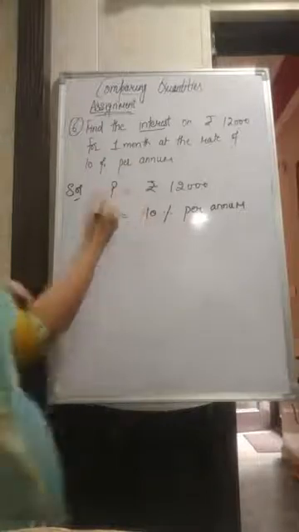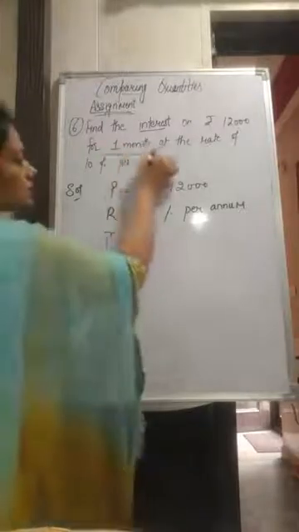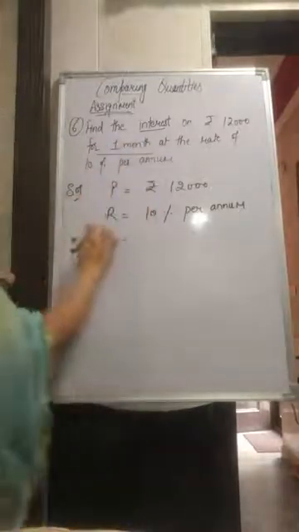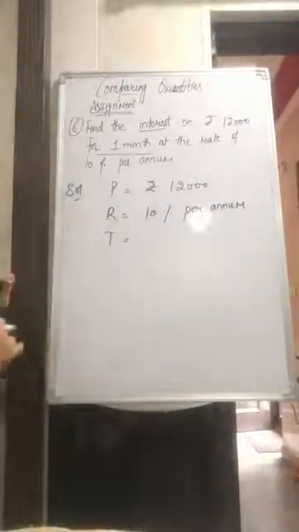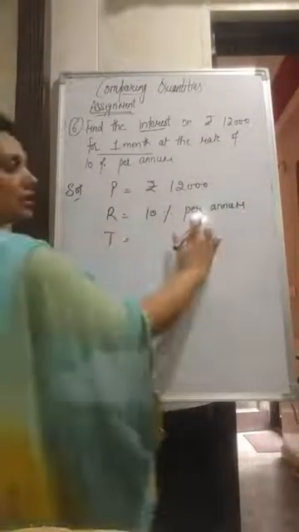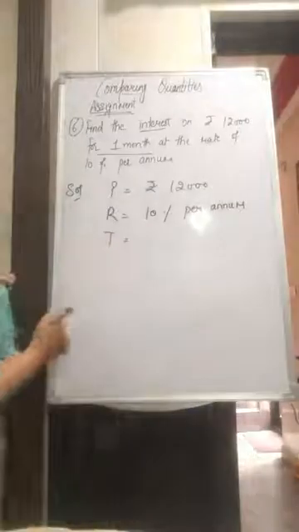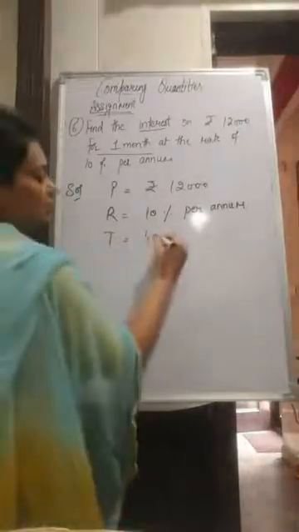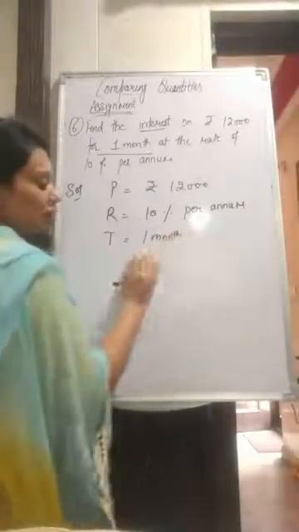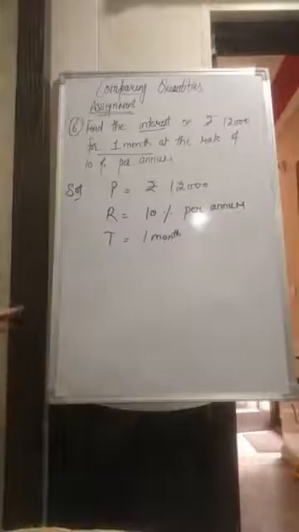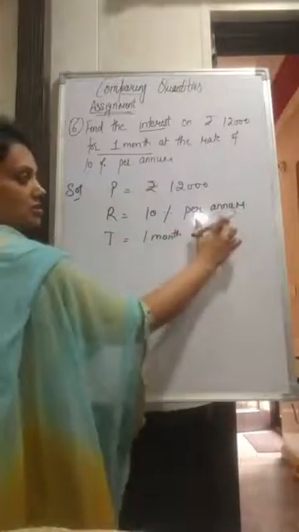Now time. Time is given to us in months and rate of interest is given per year. So what are we going to do? We will convert this time into years, because our rate of interest is given yearly.